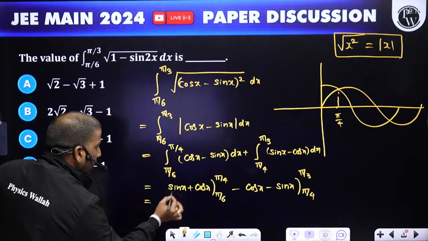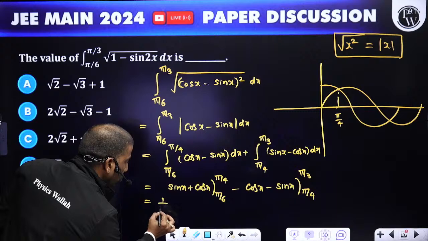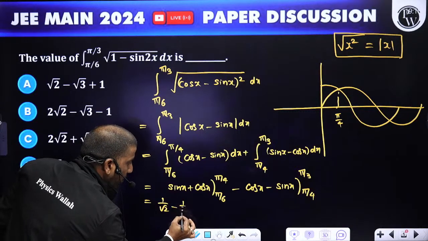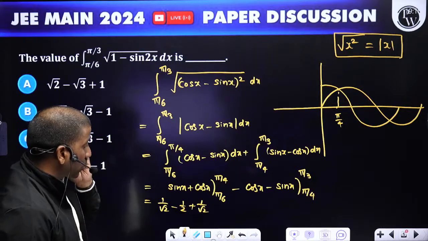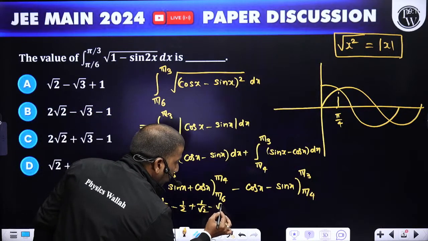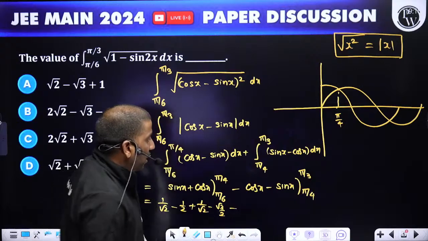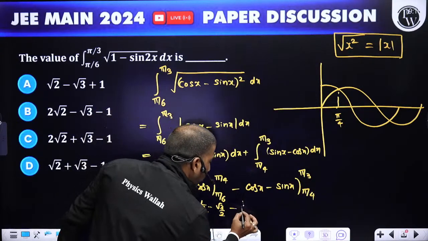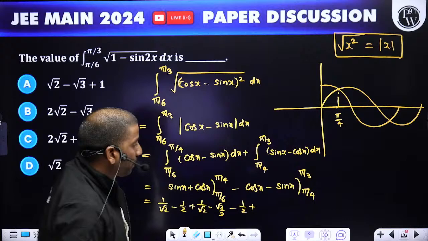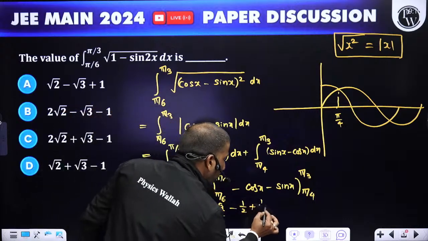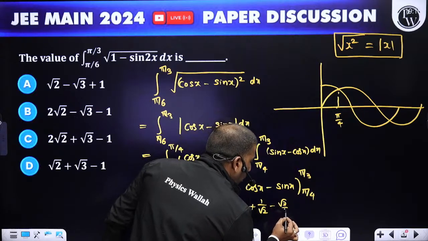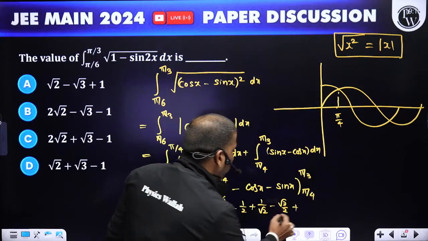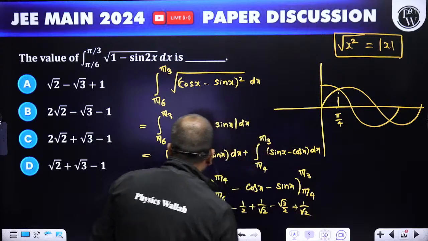So this is what it is. Just apply the limits. Sin pi by 4 is 1 by root 2, minus sin pi by 6, 1 by 2. Cos pi by 4, 1 by root 2, cos pi by 6, root 3 by 2. Minus, upper limit cos pi by 3, 1 by 2, minus of minus, plus cos pi by 4, 1 by root 2. Minus sin pi by 3, root 3 by 2, minus of minus, plus sin pi by 4, 1 by root 2.